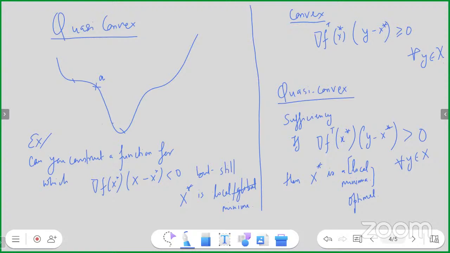Okay, now there's something interesting to note from here. This is strictly greater than zero. What does it imply? That the gradient at x star necessarily has to be nonzero. While here, that's not a requirement. This is where it really changes between convex and quasi-convex.